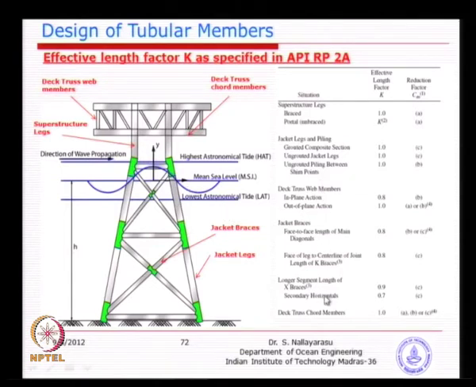And for various other scenarios like braces, say 80% and 90%. Basically for 100% fixed members you can take 50%, because the effective length factor is half. Whereas in this particular case you see here we have not gone to 50%.